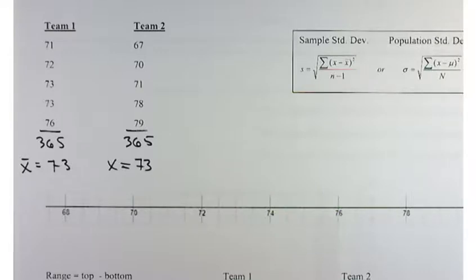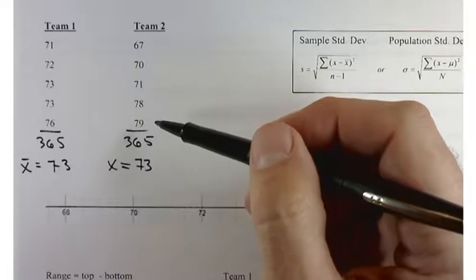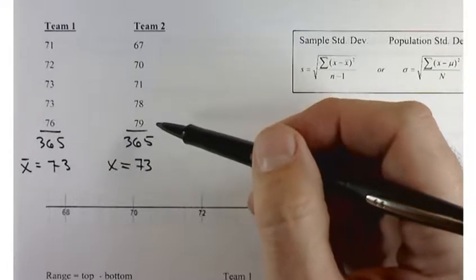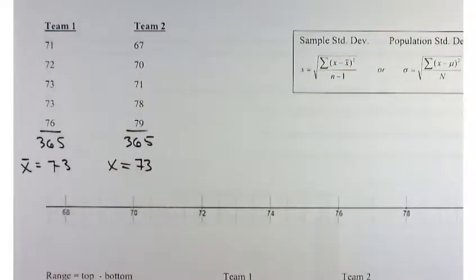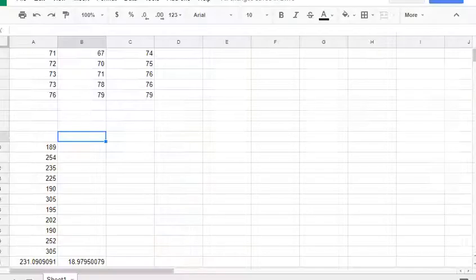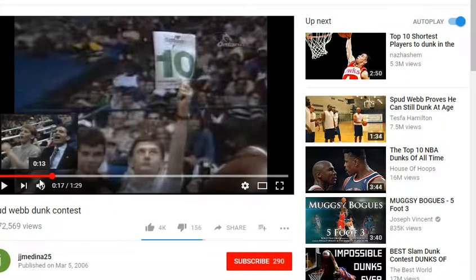Team 2 has larger outliers. Yeah, on the high end, you get some guys that are really, really tall on this team, right? And on the low end, you've got this guy. Now, I don't know as though you remember him, probably before your time, but there was a basketball player by the name of Spud Webb.